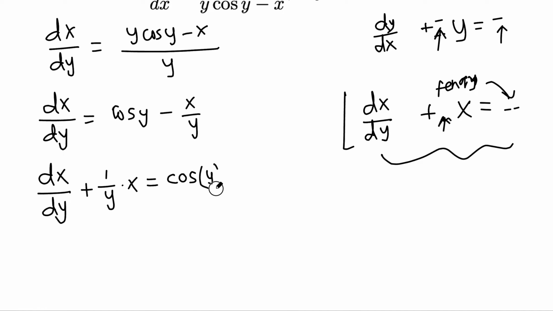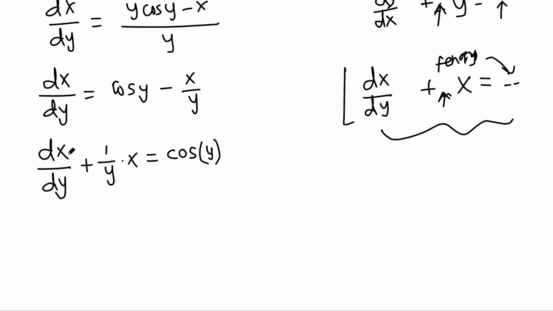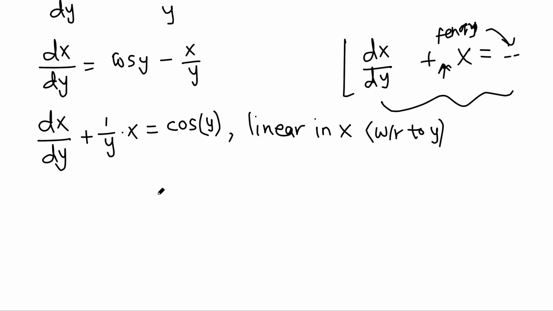Okay, here x is the dependent variable, y is independent. So this 1 over y is a function of y and this is a function of y. So this is in fact linear. Linear ODE in the dependent variable x, linear in x with respect to independent variable y, by the way. Now after we have this situation, we can solve.